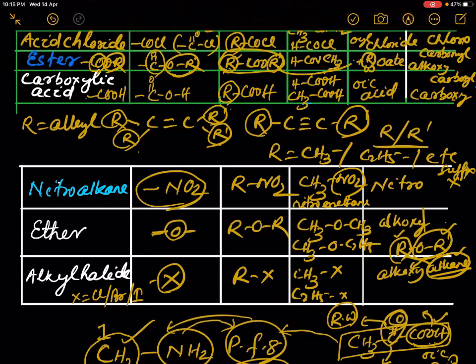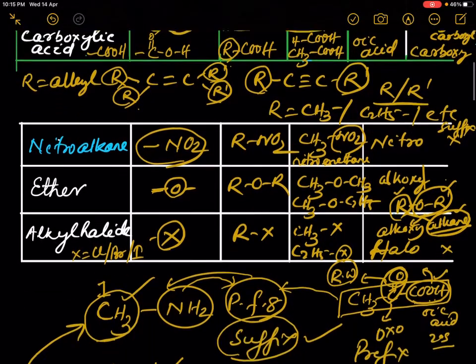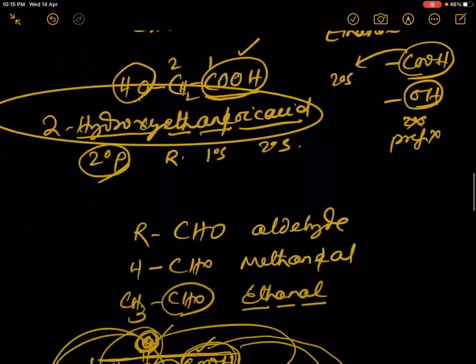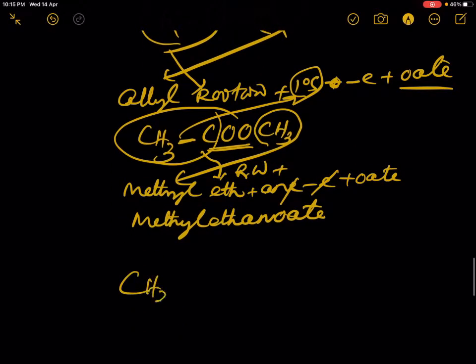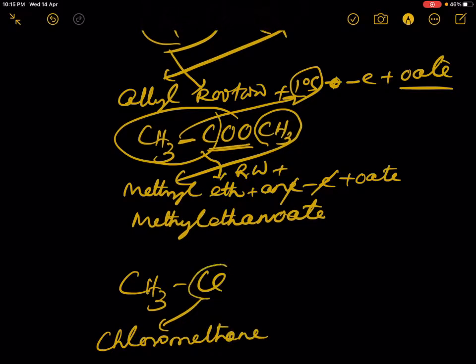And for X you have to write halo as the prefix and there is no suffix. CH3Cl, this is chloromethane. Chloro here is the prefix, meth is the root word, ane is the primary suffix.